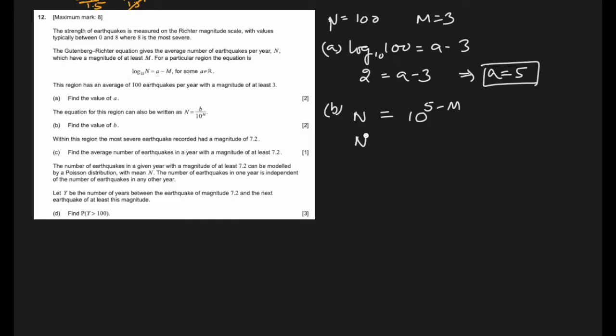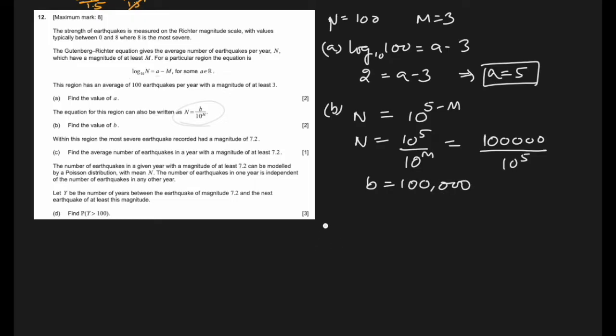So n is 10 to the power 5 divided by 10 to the power m, and 10 to the power 5 can be written as 1 2 3 4 5 zeros, 100,000, over 10 to the power m. And if you compare with this equation here, b comes out to be 100,000.